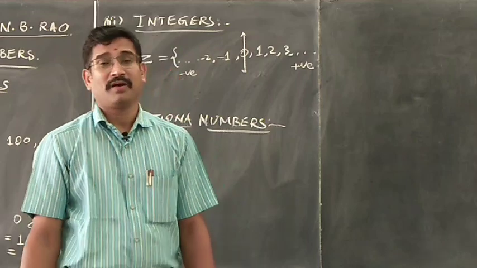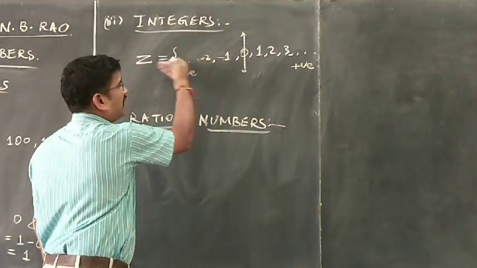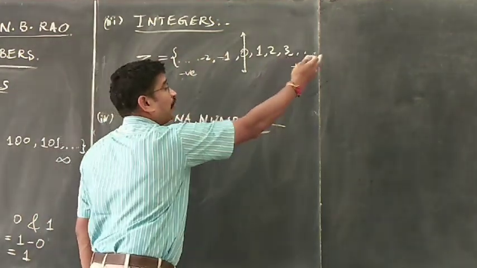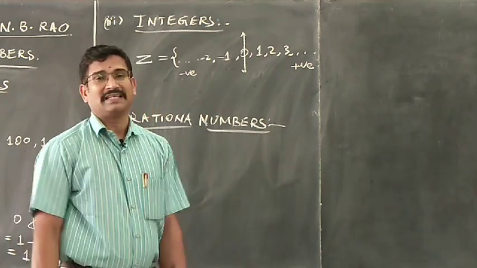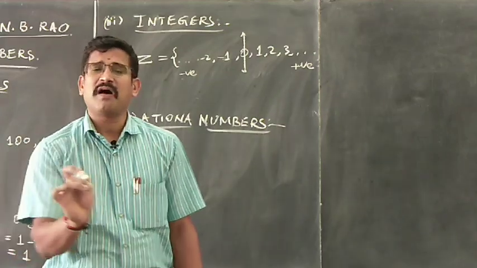No. Why? Because in the negative direction also I have got so many numbers, as in the positive direction I have so many numbers. So you know that in the integer set there is no smallest integer.